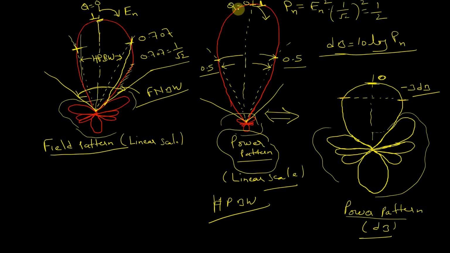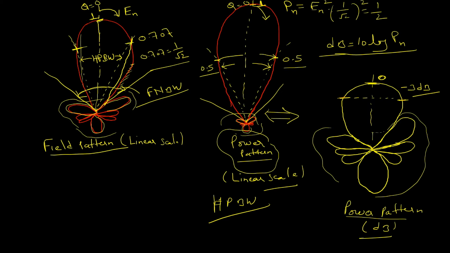Similarly, this is a major lobe because it has the maximum value, and all other lobes are minor lobes. The lobes adjacent to this major lobe, this one and this one, are side lobes. Okay, side lobes are also minor lobes. So adjacent to this major lobe is a minor lobe, and opposite to that major lobe is a minor lobe.